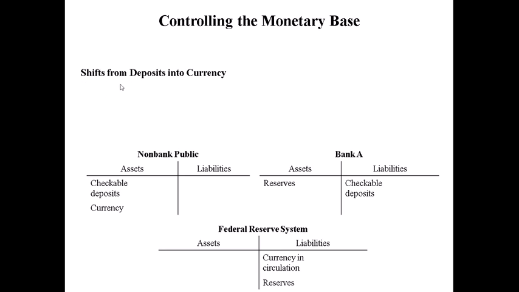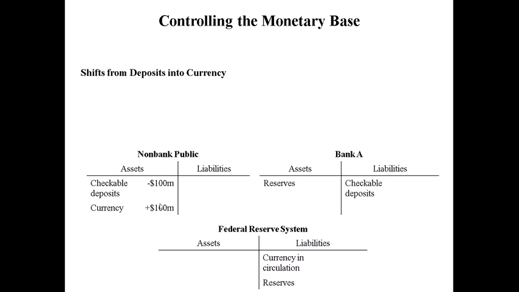Okay, let's talk about a shift from deposits into currency. In this particular case, suppose George Jetson goes into his bank and wants to cash a $100 million check. He gets $100 million in currency, and his checking account goes down by $100 million.